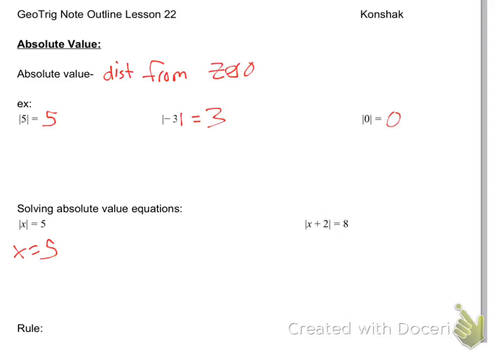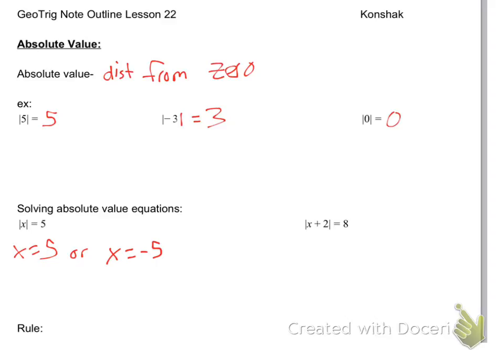Or, yes, negative 5. Or should I say, X equals negative 5. Interesting. Because the absolute value of negative 5 is 5, they both work. Notice I checked them as well.